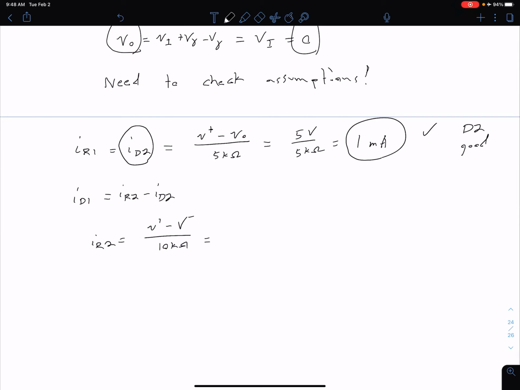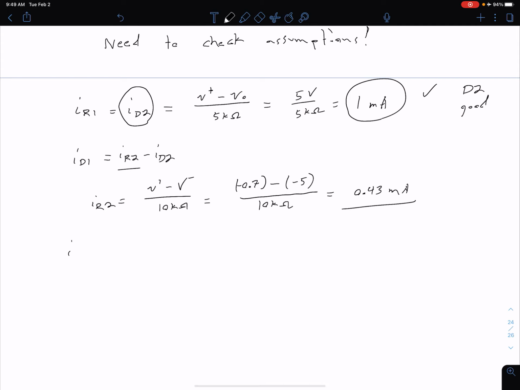So we have negative 0.7 for V prime minus negative 5 divided by our 10k ohms, which gives us 0.43 milliamps.